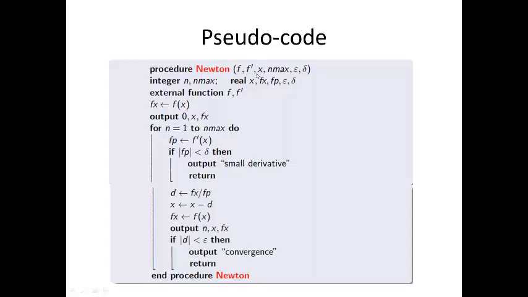Later on we'll see numeric ways of taking the derivative. We pass it epsilon and delta, which are used to control the convergence and are related to the accuracy desired or the machine precision that we might have available. So again, one of the important things is you have to supply the derivatives and the external function, and we proceed with Newton's method by taking those ratios and subtracting them.